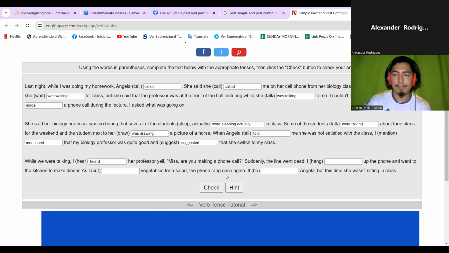I, the simple past of hang. I don't remember what hang is. Okay, it's kind of difficult. Well, not difficult, but it's not very common, right?